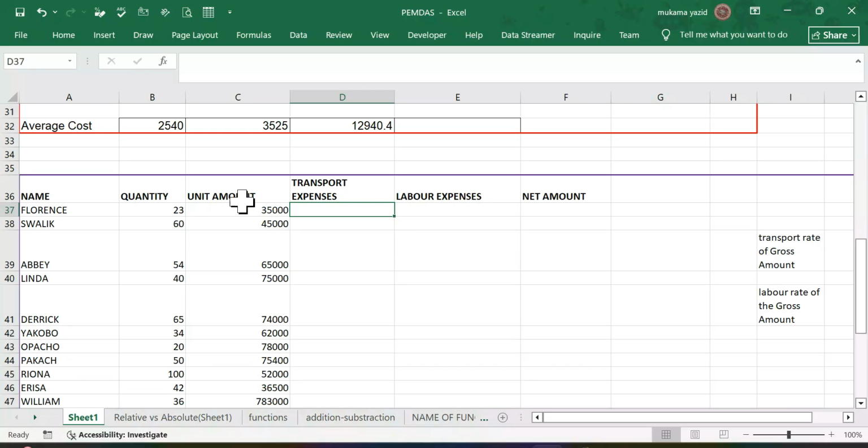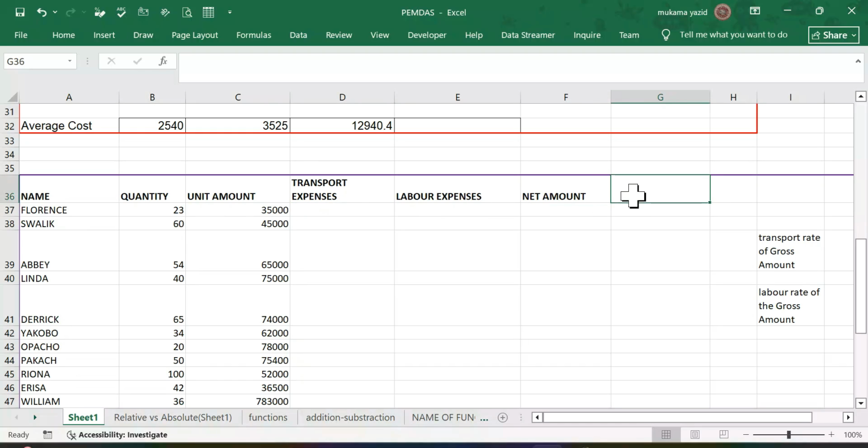Unit amount is like the amount for one item. If one item costs something like this, what about this 23? So we should do some calculation there. We do multiplication to get the total cost, or the gross amount.